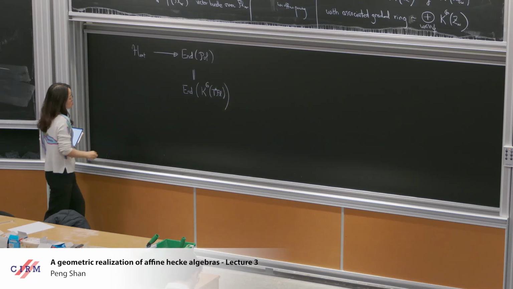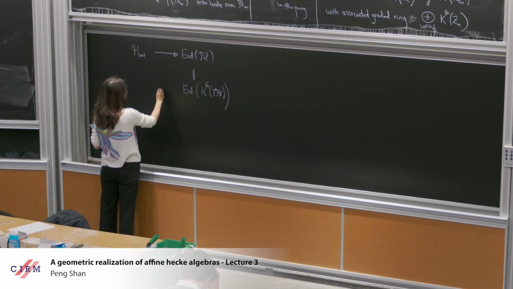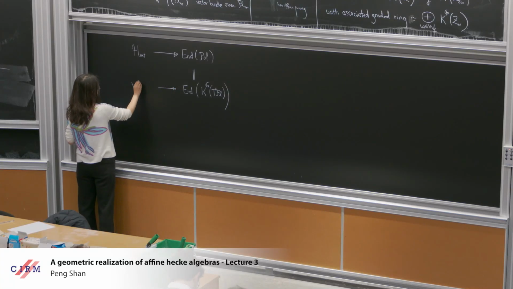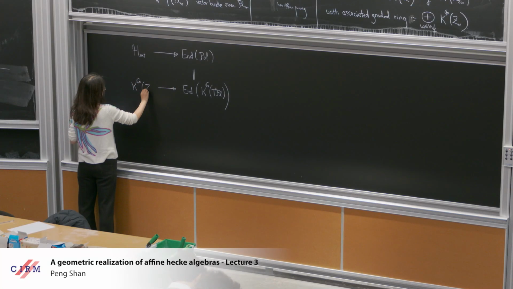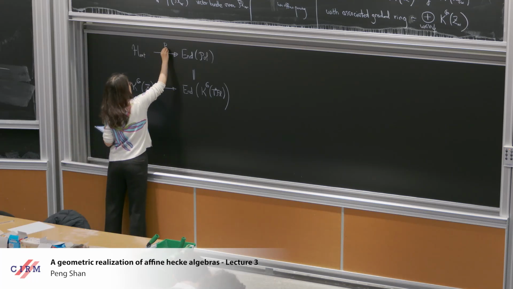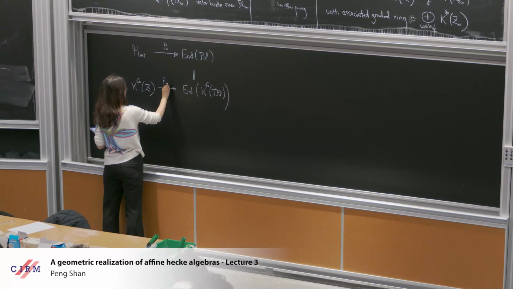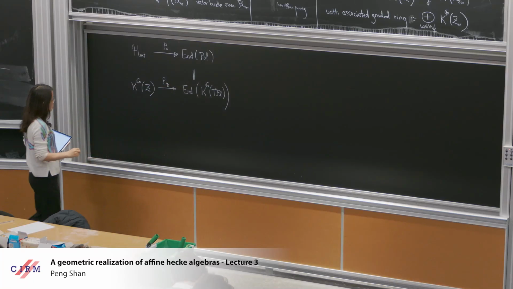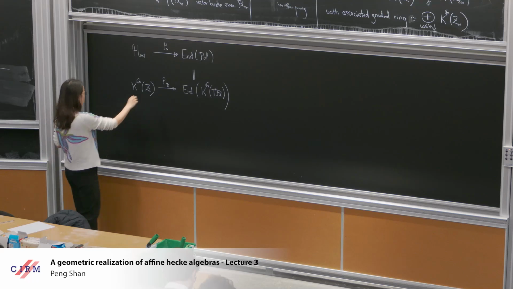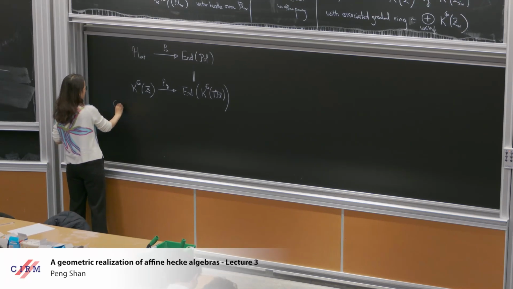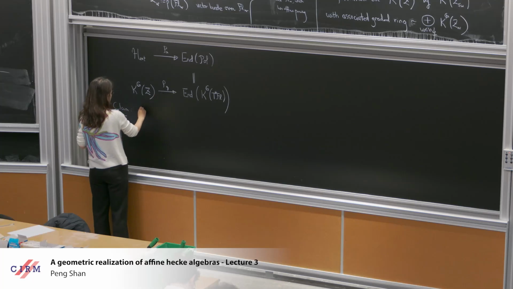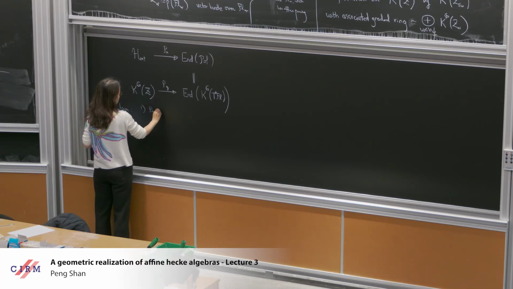And then we explained that by convolution, this receives an action of our algebra H_G of z. This was my algebraic action, and this was my geometric action. And the claim to prove is that first, rho_G is injective.